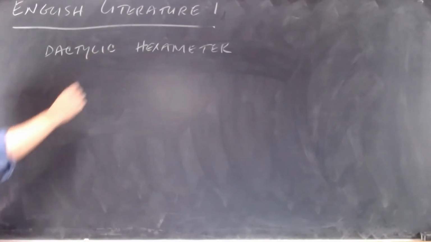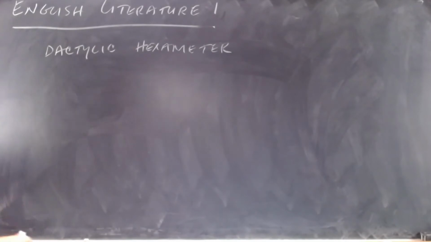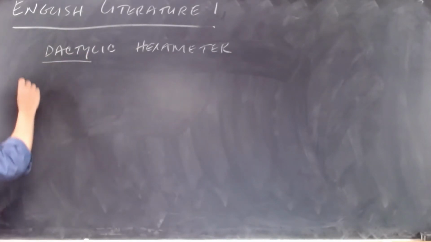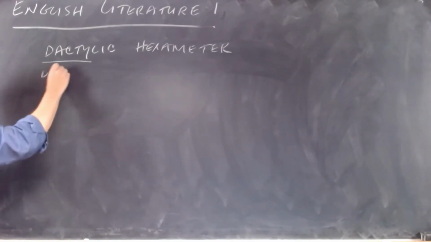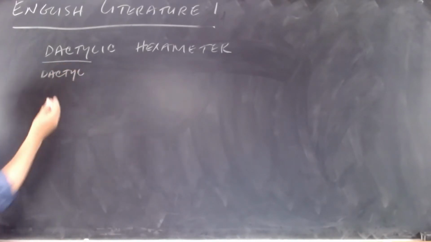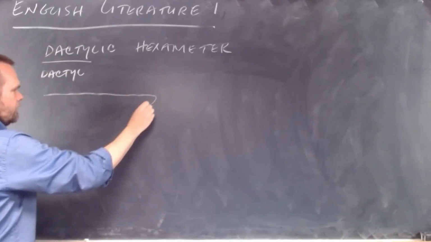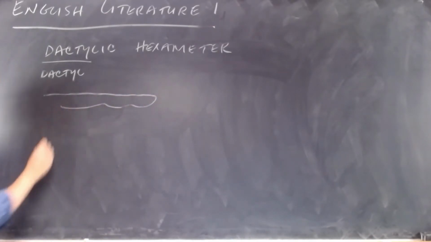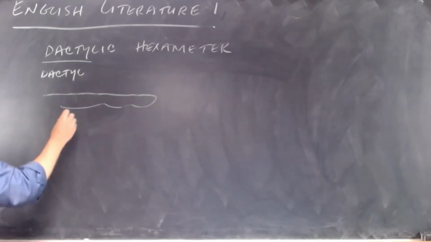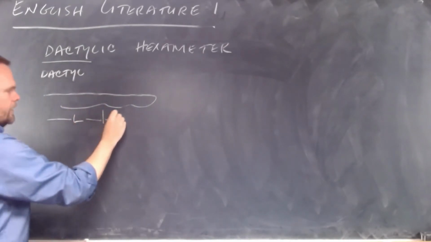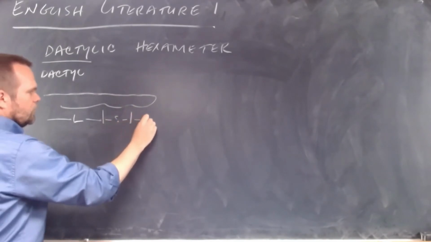The phrase looks complicated, but it's really very simple to understand. This first part, dactylic, refers to a dactyl, which is just the Greek word for a finger. And if you look at your finger, you'll notice that your finger has one long section, and then two short sections.